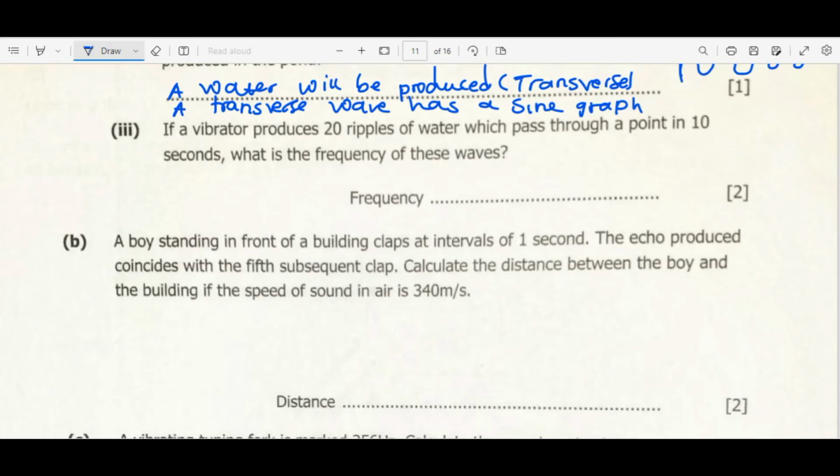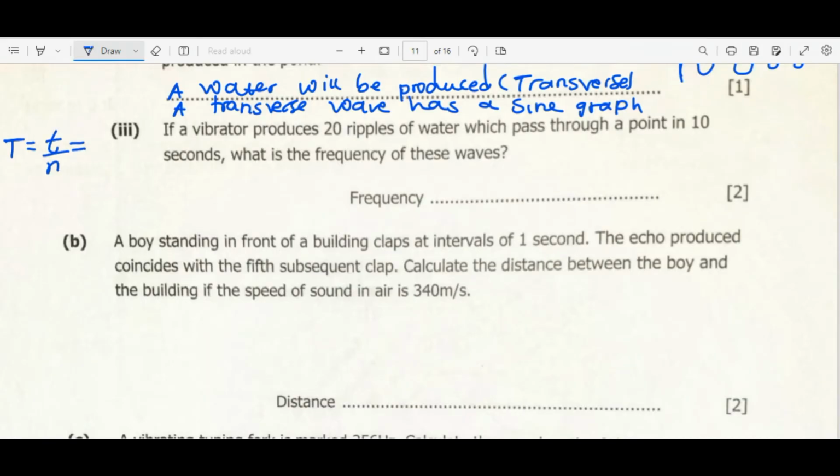Then for Roman number 3, if a vibrator produces 20 ripples of water which pass through a point in 10 seconds, what is the frequency of these waves? There are two ways in which we can find the frequency. Let's first begin by finding period. Remember, period is denoted by capital letter T and defined as the time taken to make one complete oscillation. So the formula is T over number of oscillations.